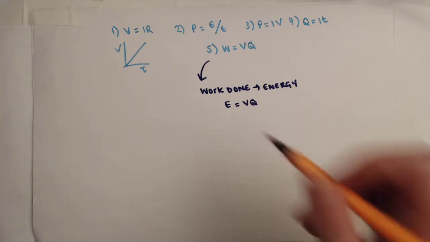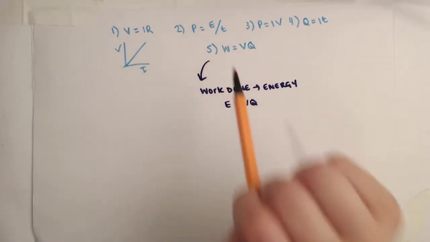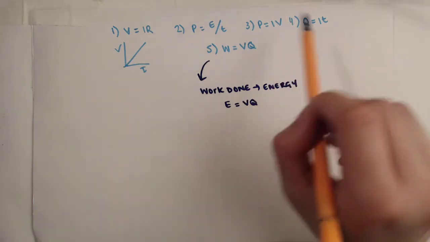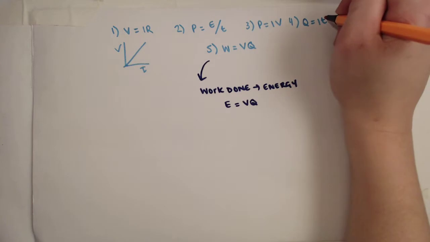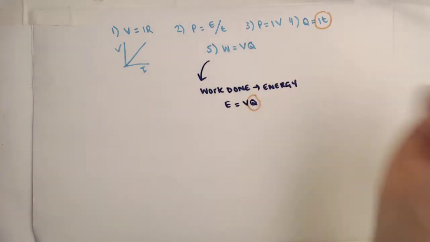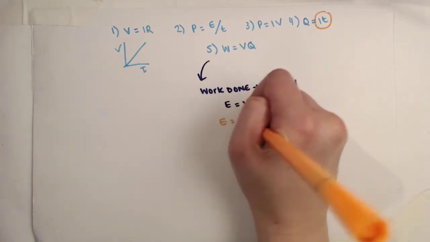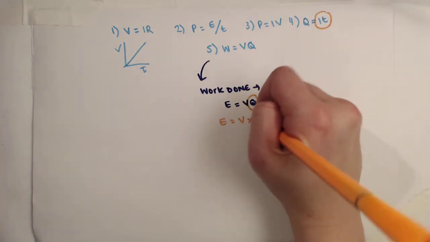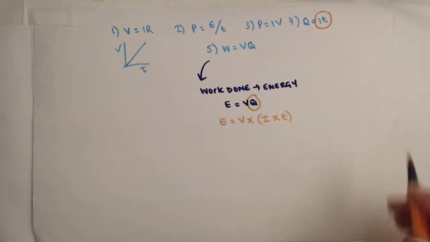But looking at these equations, we have that power is equal to energy transferred divided by time, and we have that Q is equal to I times T. So if we sub this into here, energy is equal to voltage multiplied by current times time, right?